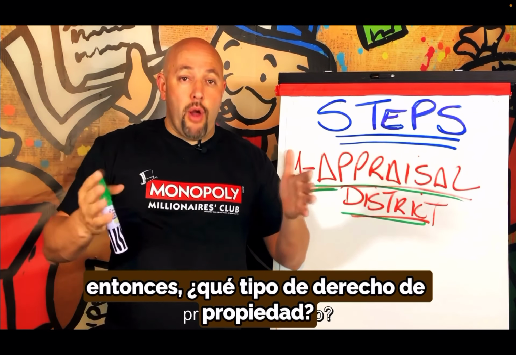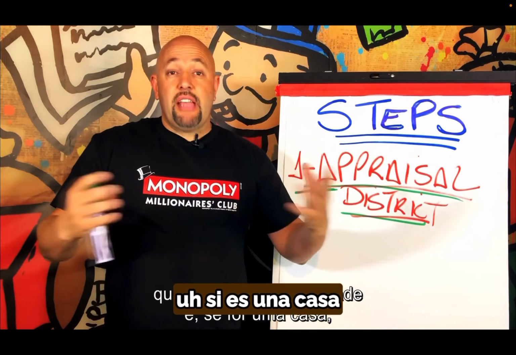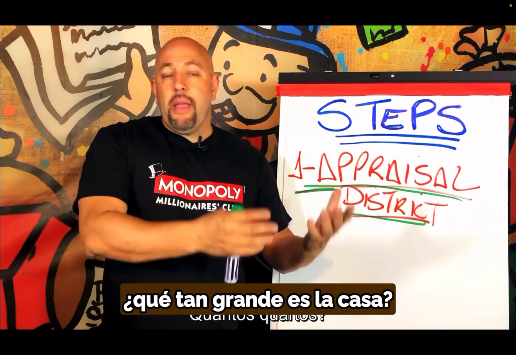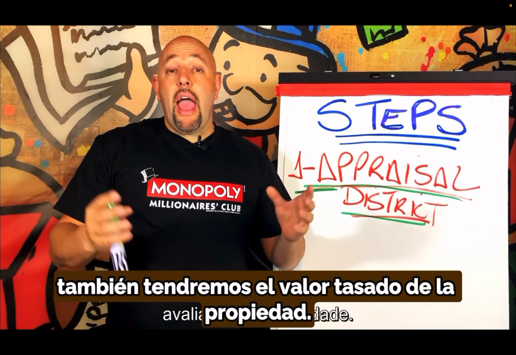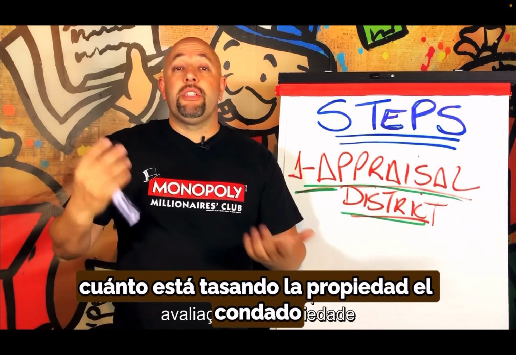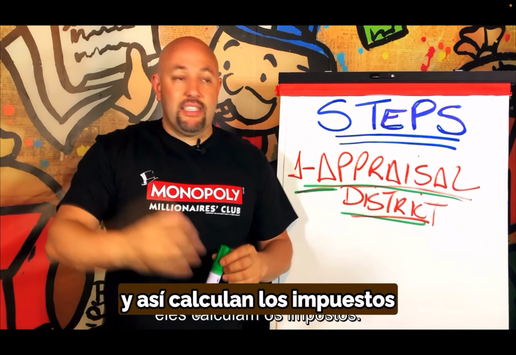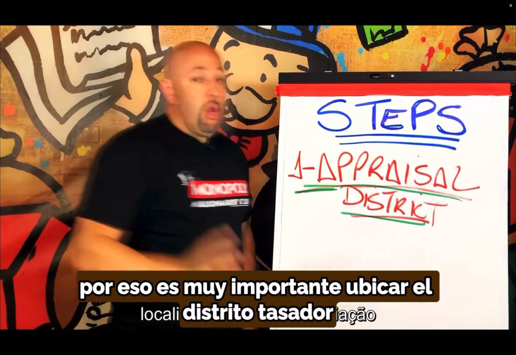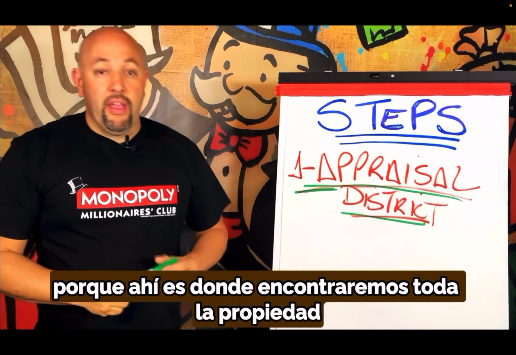We're gonna have all the information: how big is the property? If it's a house, when was it built, how big is it, how many bedrooms, how many bathrooms? We're also gonna have the assessed value of the property, so we know how much the property is being assessed by the county, and that's how they calculate the taxes. So it's very important to locate the appraisal district, because that's where we're gonna find all the property information.